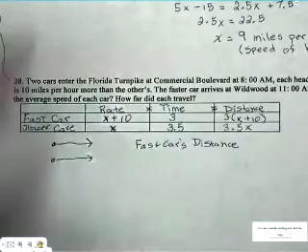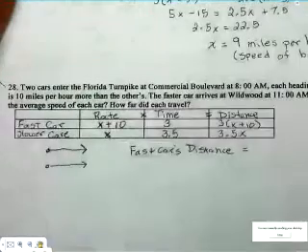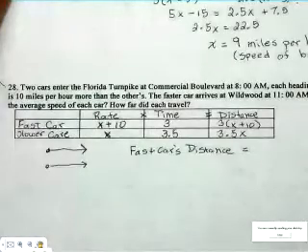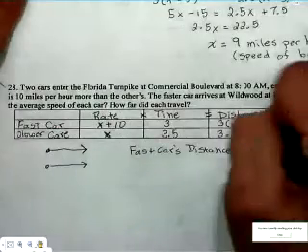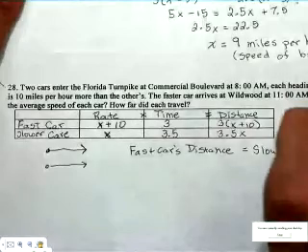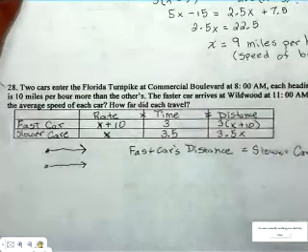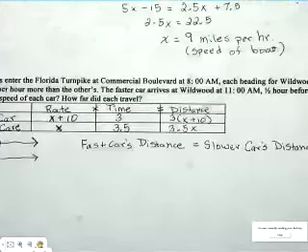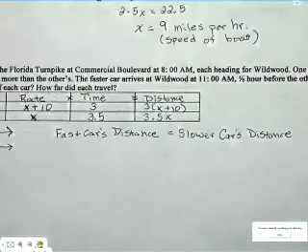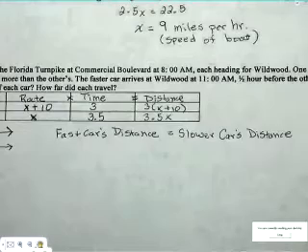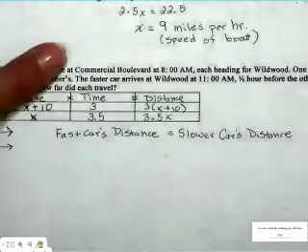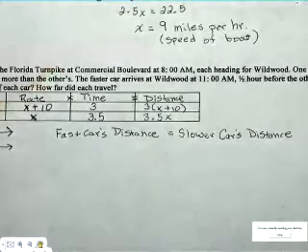So we don't need part plus part equals total. We need the two cars' distances are the same. That won't always be true, but in this case, it's true.